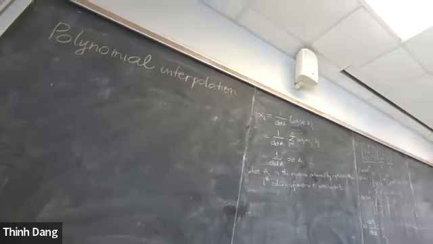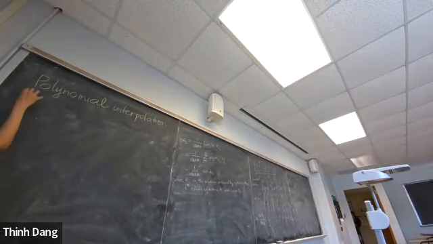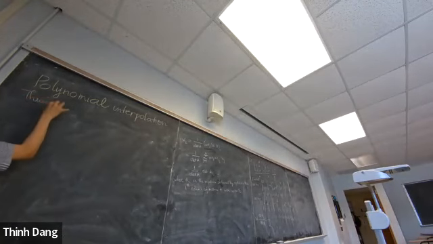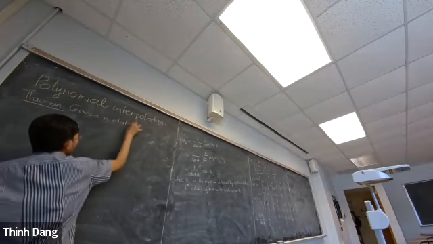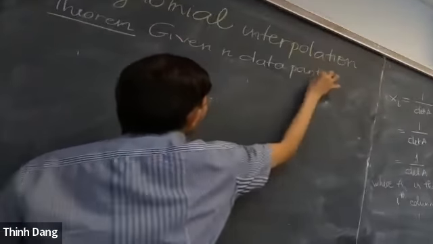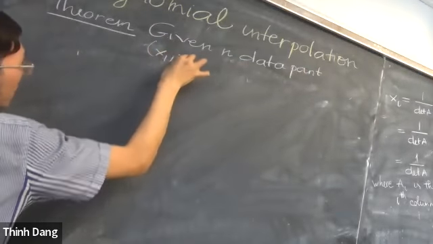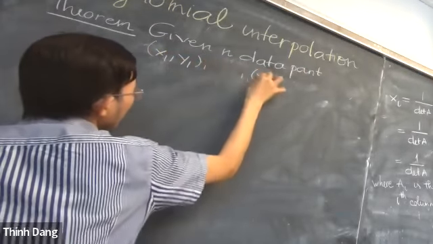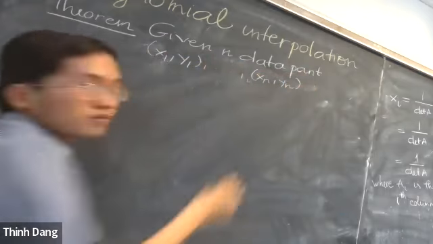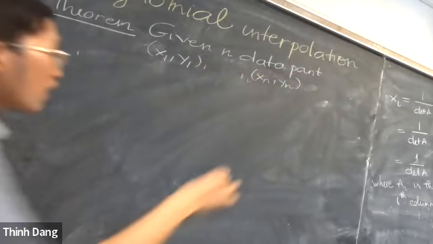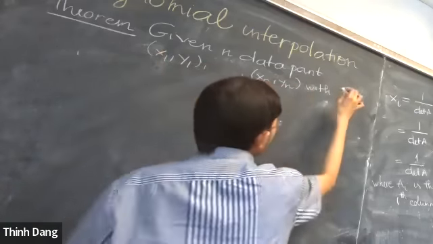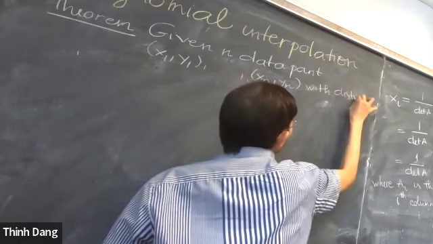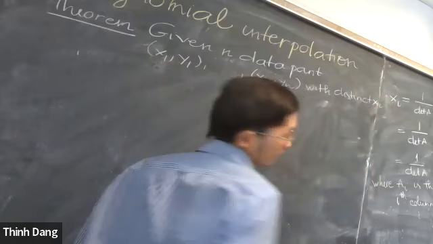In this section of the lecture, we will have one theorem. Let's start by stating this theorem. Given n data points, suppose all the data points are in the form of (x1, y1) up to (xn, yn), where the x coordinates are distinct, with distinct values of x.